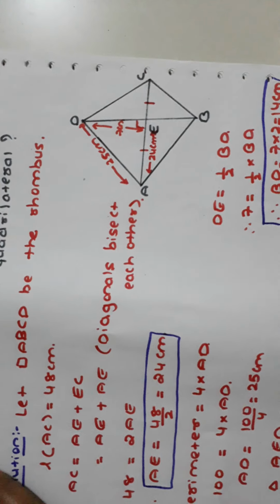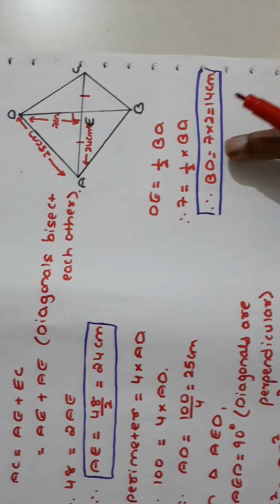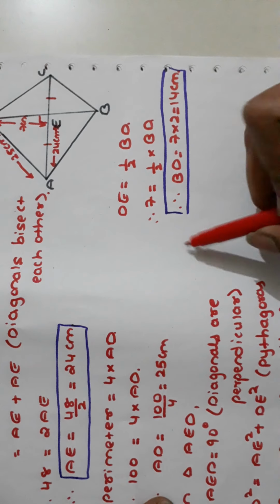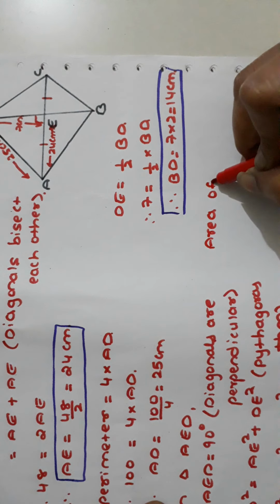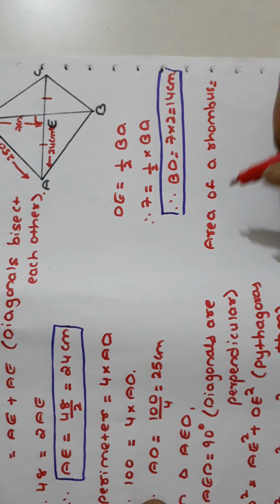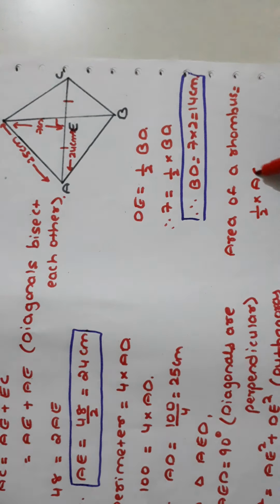So we get length of one diagonal as 48 centimeter and length of the other diagonal as 14 centimeter. So now we can find the area by using the formula. Area of a rhombus is half into product of the diagonals, that is half into AC into BD.